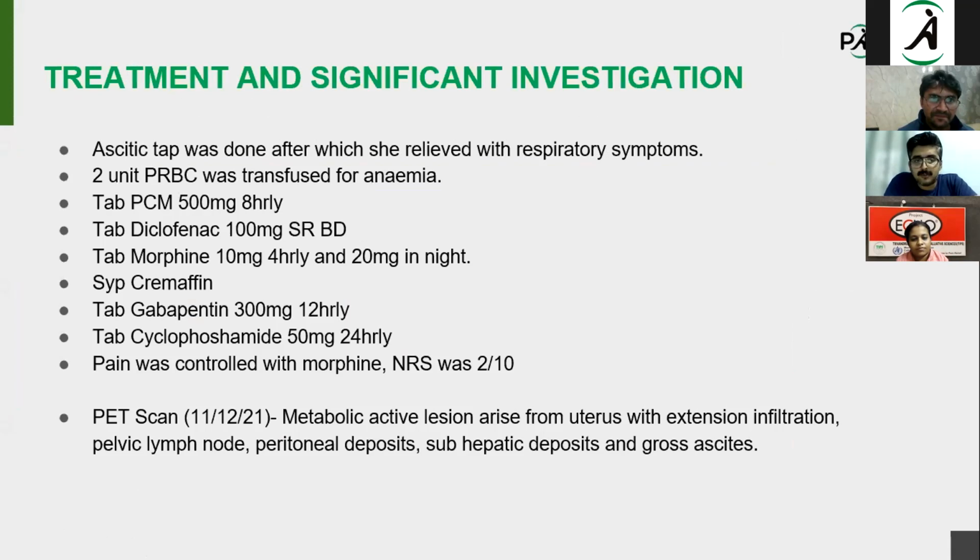syrup Cremaffin was your laxative of choice, right? Yes, sir. So in morphine, it should be a contact or stimulant laxative, not just Cremaffin. There is a formulation called Cremaffin Plus. Cremaffin is actually liquid paraffin and magnesium sulfate, I think. One is a stool softener, like a lubricant, and another is an osmotic laxative. So it will increase the fluid secretion and make the stool soft.